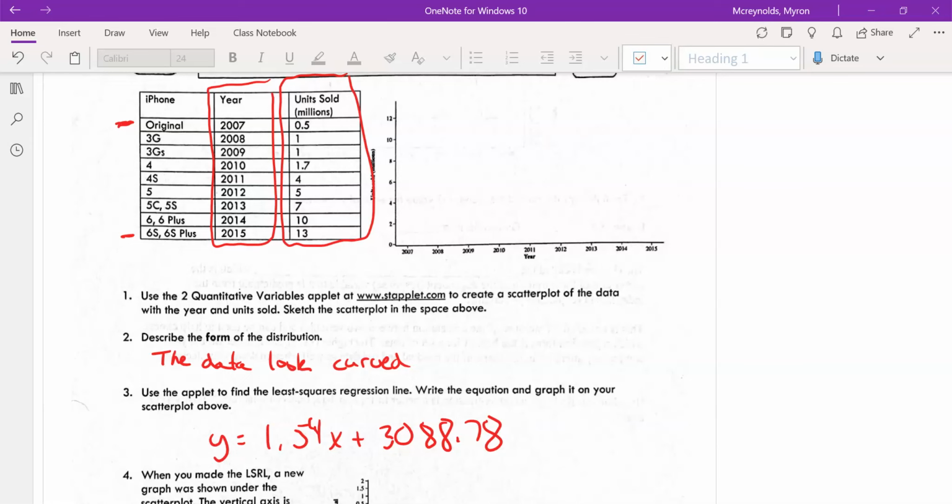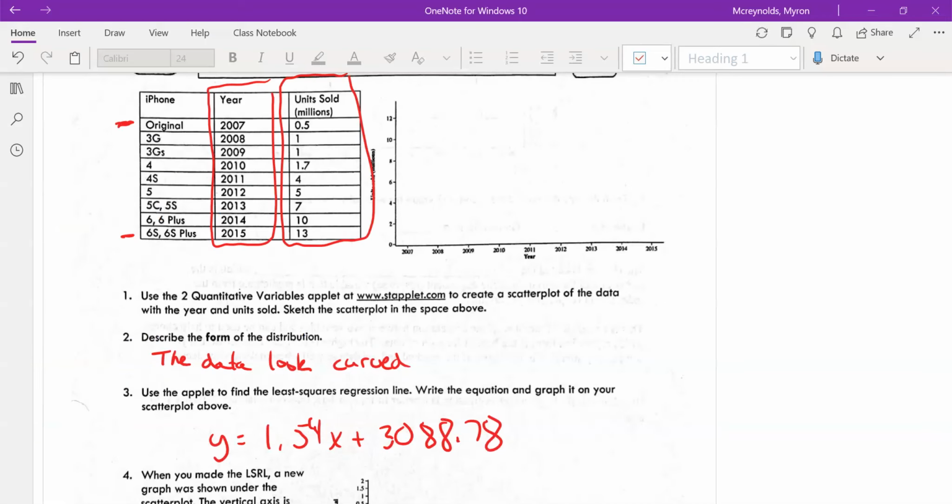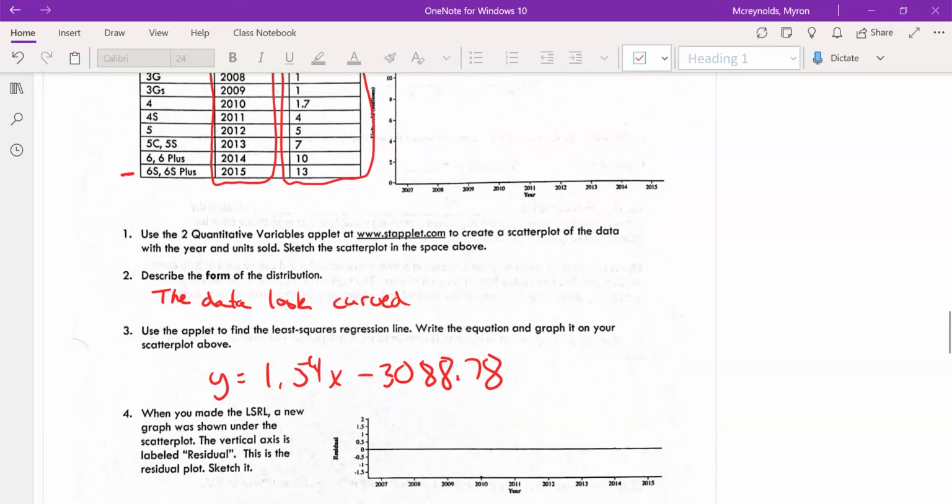It's minus, my bad, minus 3088.78. So y equals 1.54x minus 3088.78.